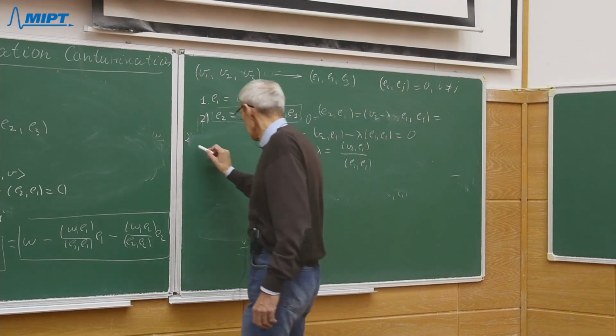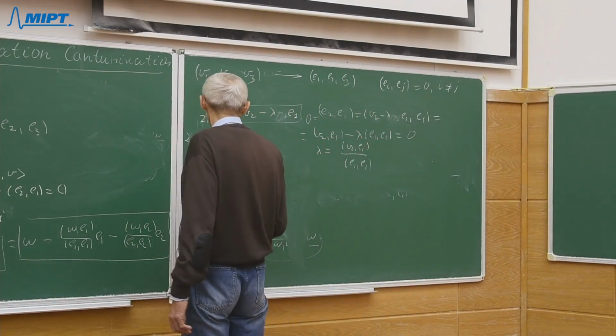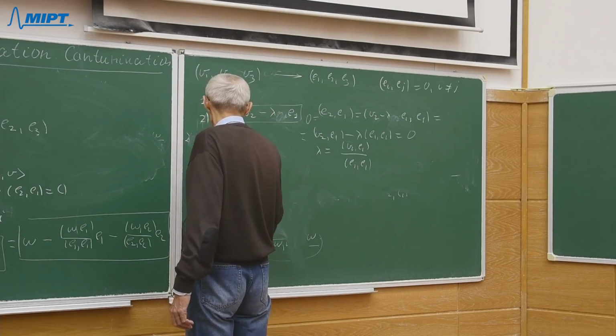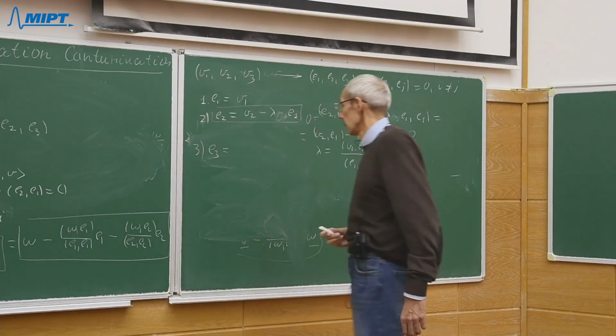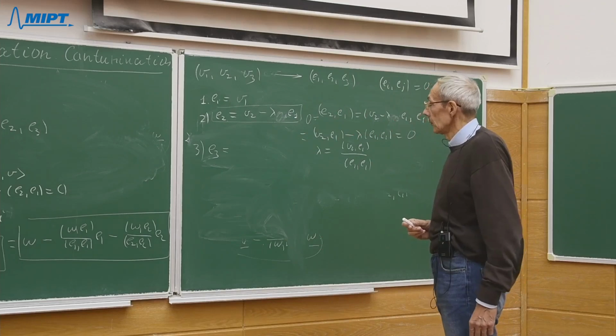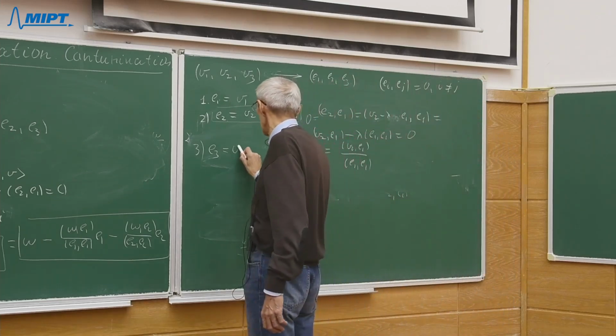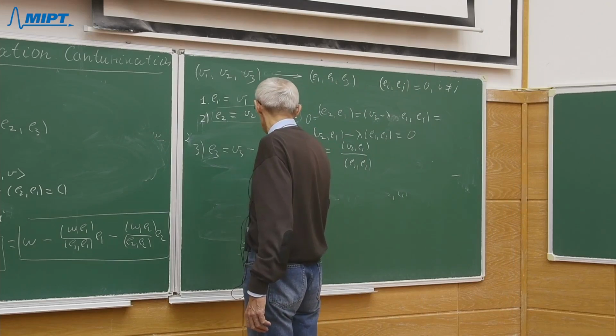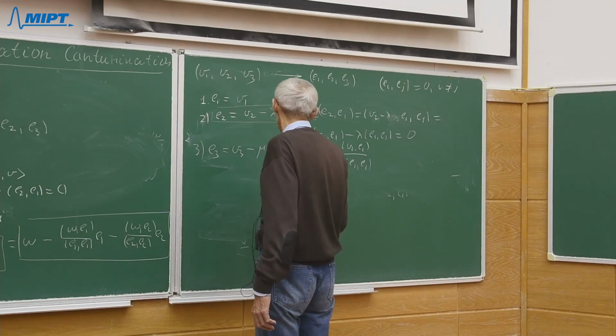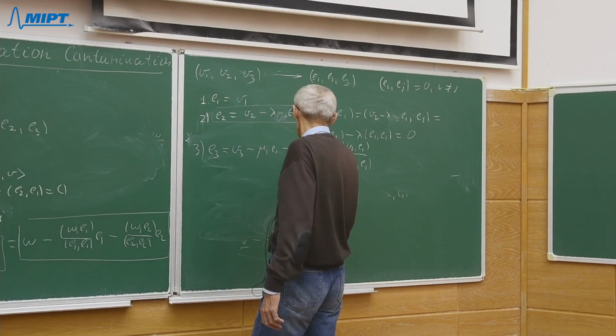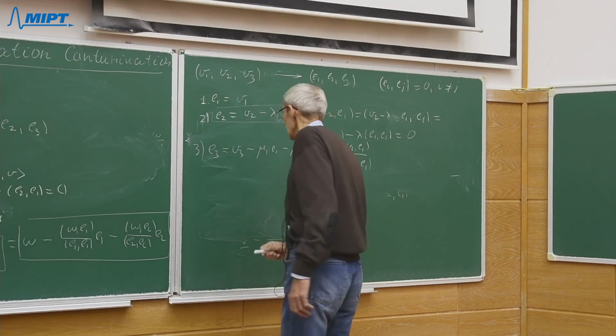In the same way, we can define the third vector of our future orthogonal system, e3, as the difference v3 minus mu1 e1 minus mu2 e2.